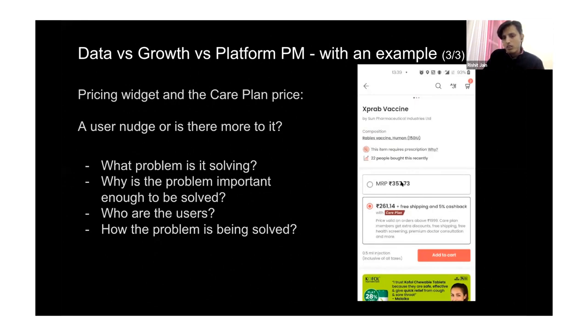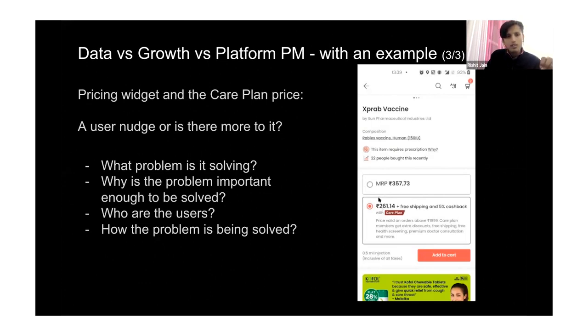Now, the underlying motivation that the growth PM is trying to drive is that the users are sensitive to price. And if I give them a lower price, it's highly likely that they'll opt in for a lower price.